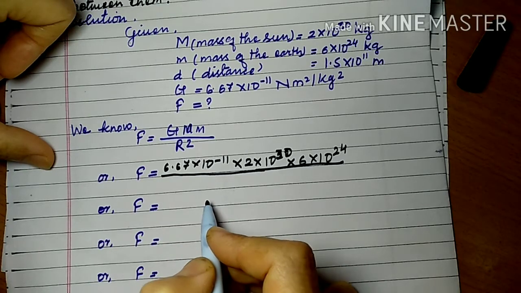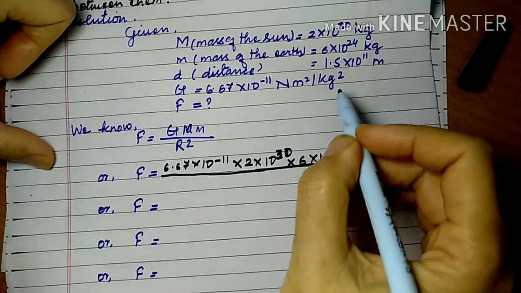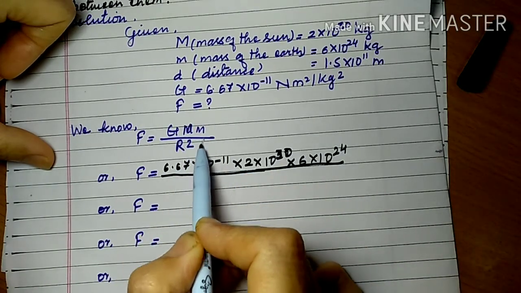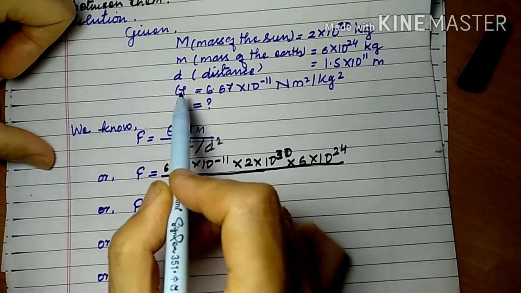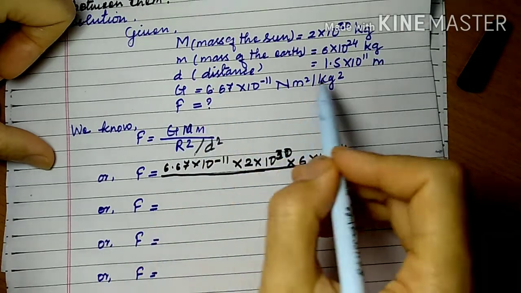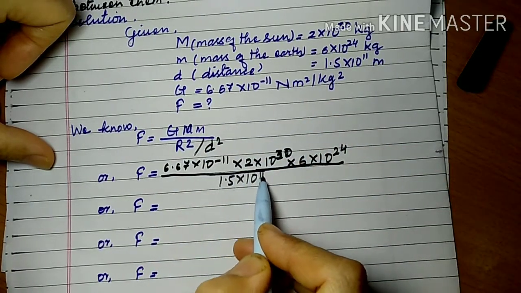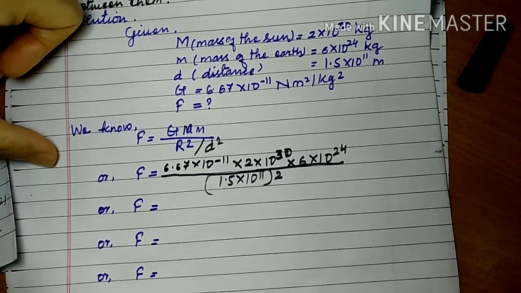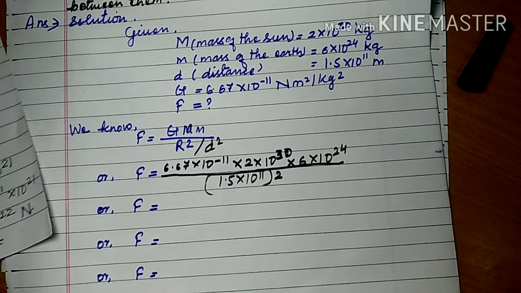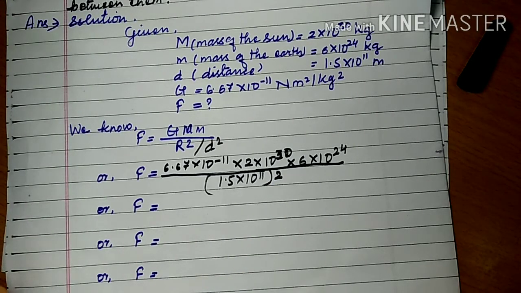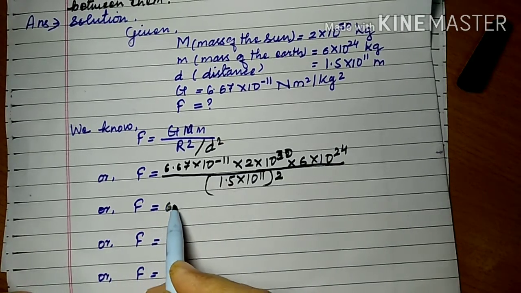Radius given here is, that is the d square or r square. Now 1.5 into 10 to the power 11 whole square, because it is in the square form. Now we'll do the calculation.